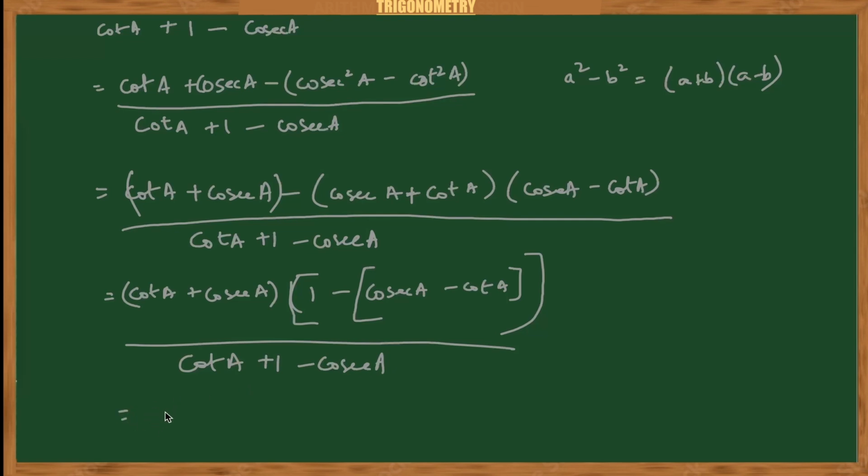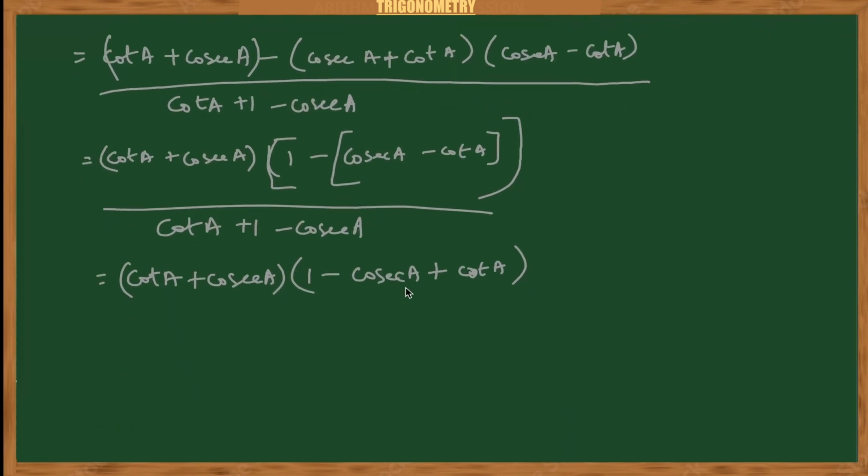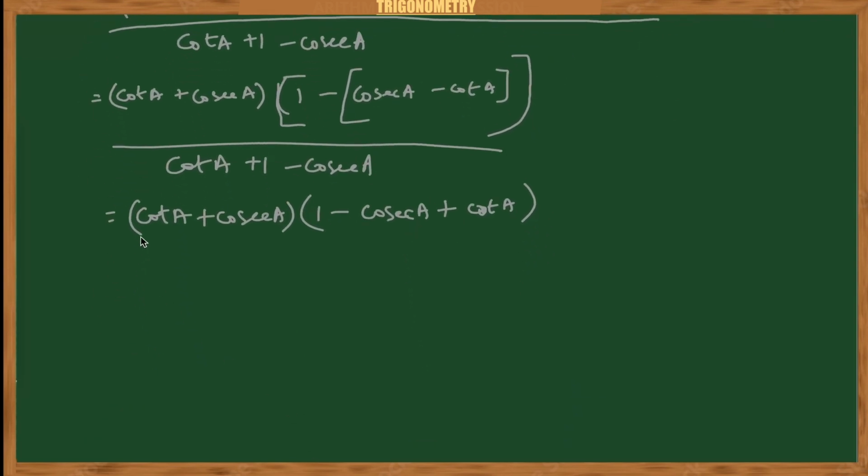Further simplifying, cot A plus cosecant A into this bracket: minus into minus becomes plus, so this becomes cosecant A, and minus into minus becomes plus cot A. So the numerator is done.